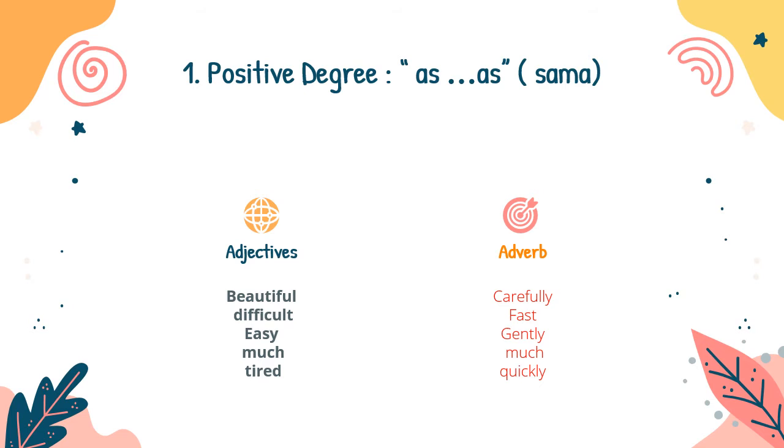Let's see, here we have adjectives and adverbs. For example, we choose beautiful. So when we want to say that something or someone has the same degree, we can say, for example, Mary is as beautiful as Jessica. So it means Jessica and Mary are the same.